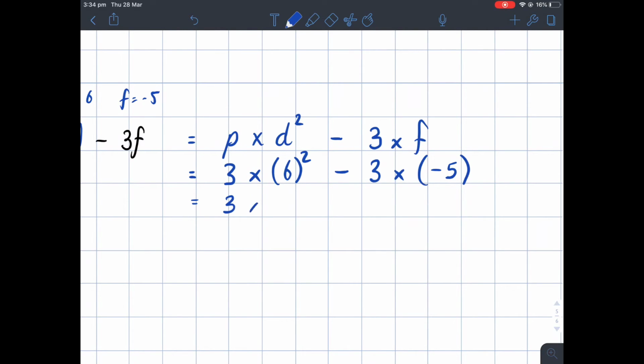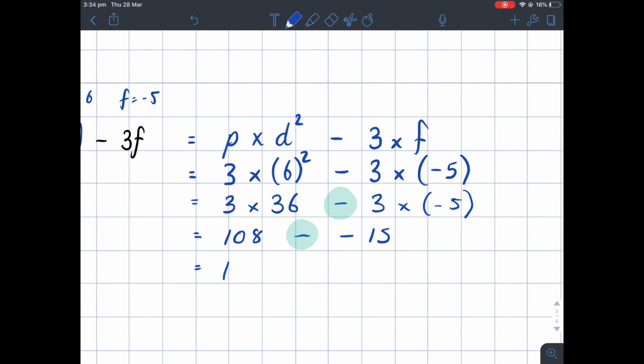So 6 squared is 36, and we have 3 times 36 minus 3 times minus 5. So we now carry out the multiplications. 3 times 36 is 108. 3 times minus 5 is minus 15. Notice this minus sign here stays still. So it's still 108 minus minus 15.